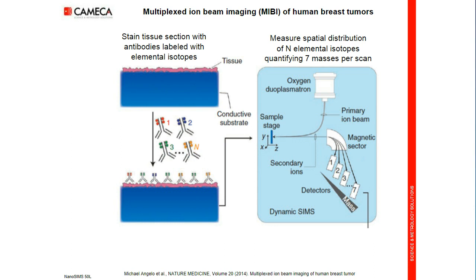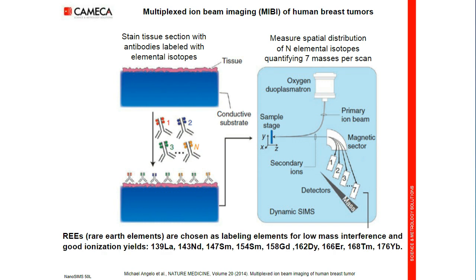So here, the rare earth elements were chosen for their good ionization yield, and there are a lot of possibilities in mass, elements, and isotopes. What is the strategy to choose an element to use as a label? First, it must have a very good ionization, because we will put only a few atoms of this element attached to the antibody.